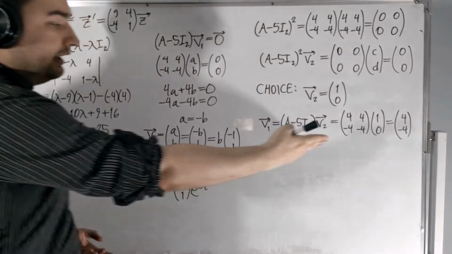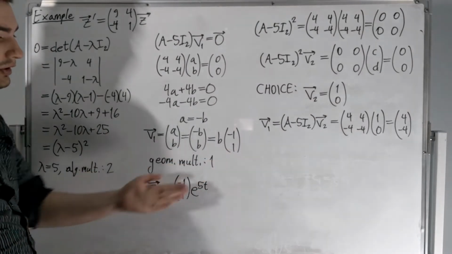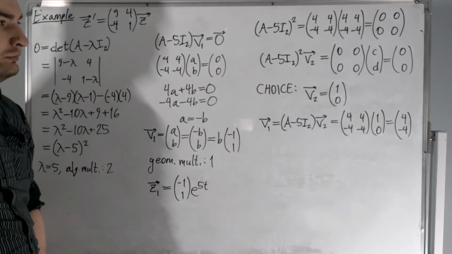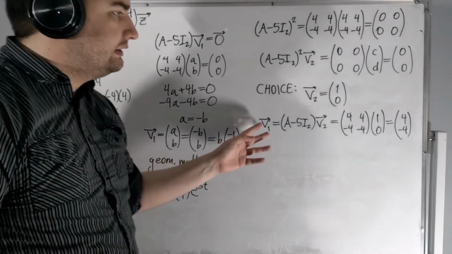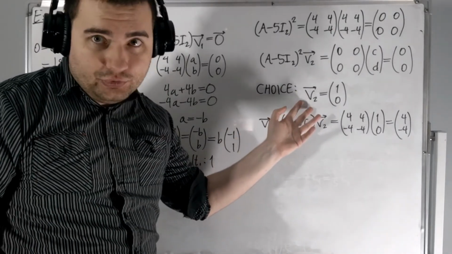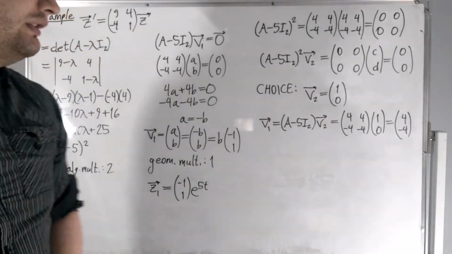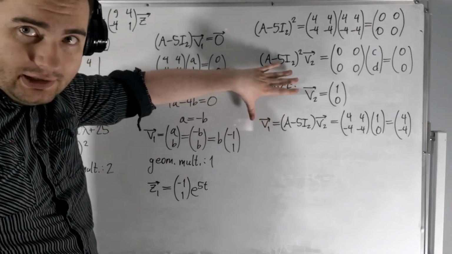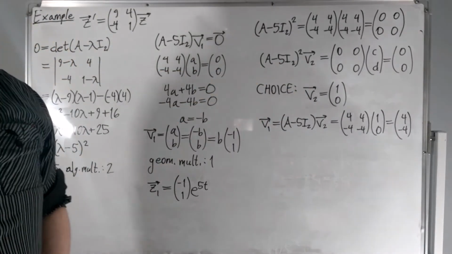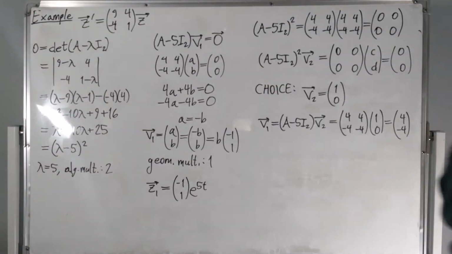And that certainly is an eigenvector, right? It is a scalar multiple of negative 1, 1. But the important thing is that it is compatible with v2. This is what we call a chain of generalized eigenvectors.